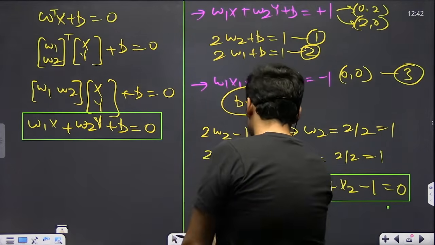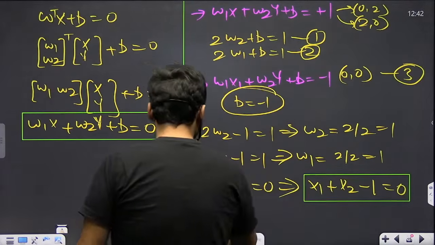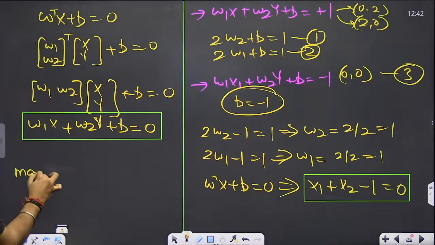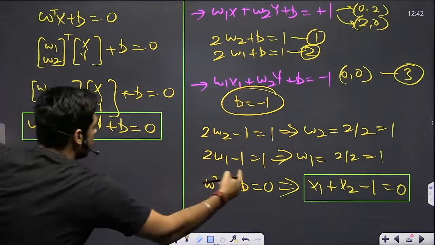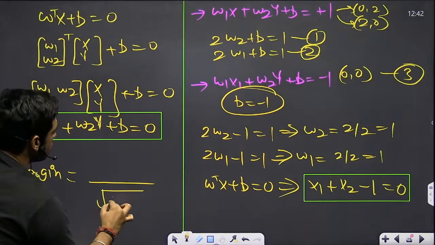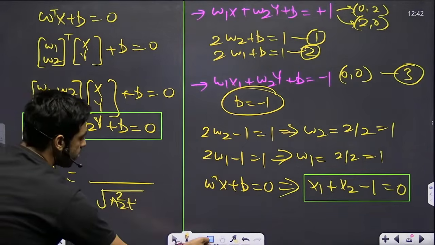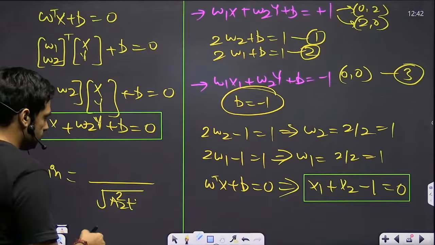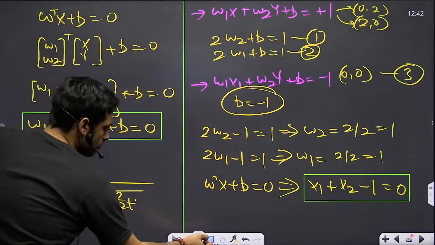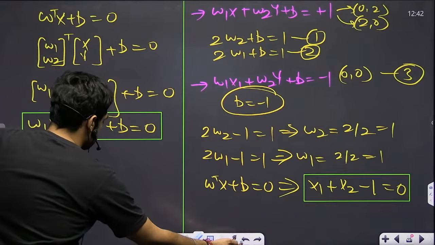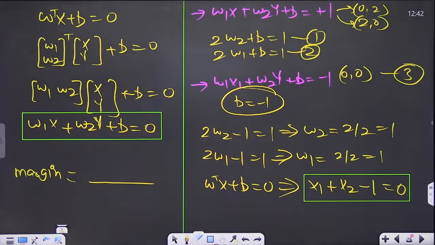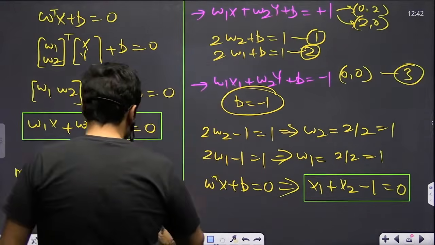Now calculate the margin here. How to calculate margin? Very simple. The formula for margin is 2 upon norm of W. I just forgot to tell you this.